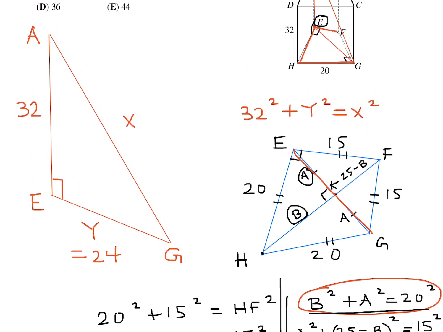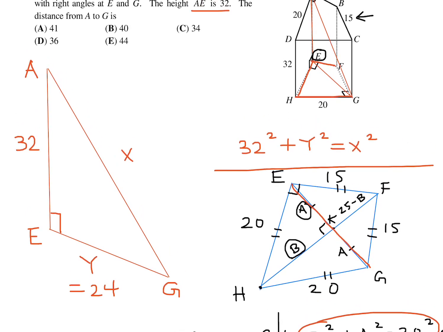And then finally, we can therefore just solve for x, which is AG, which is what the question asks us. So we have 32 squared plus 24 squared is equal to x squared. And this is going to be 1024 plus 576 is equal to x squared.